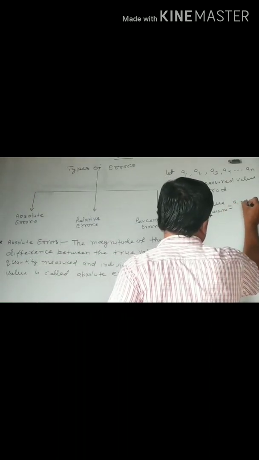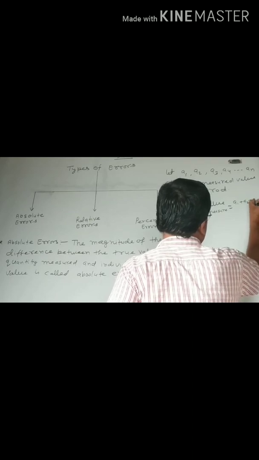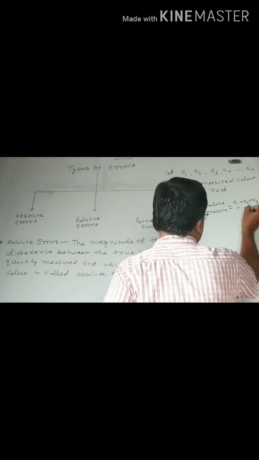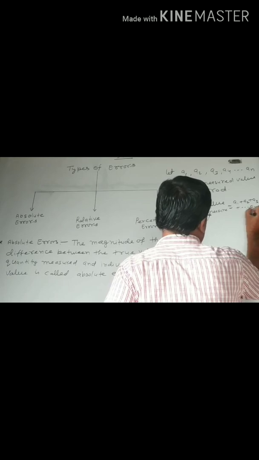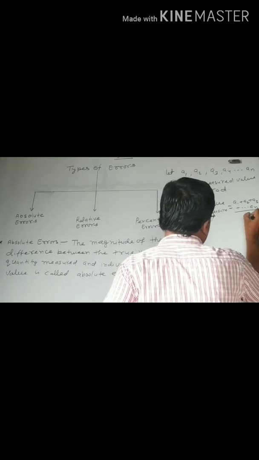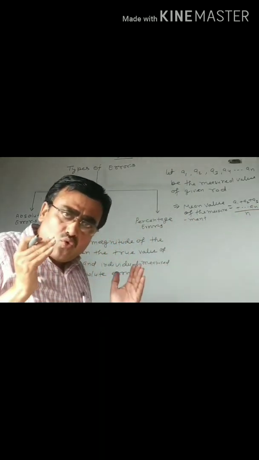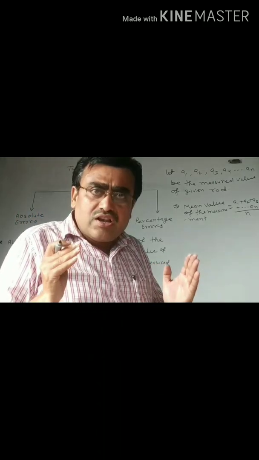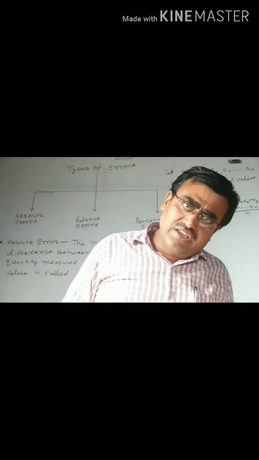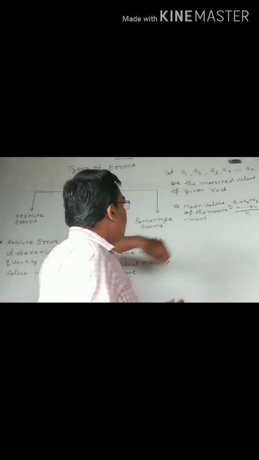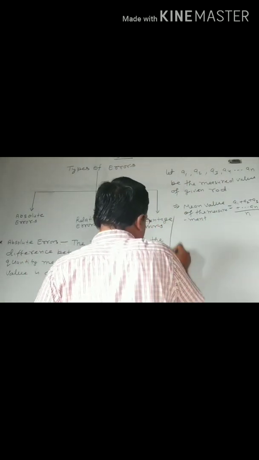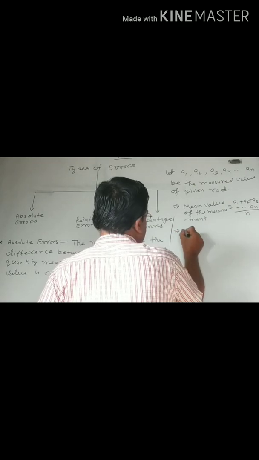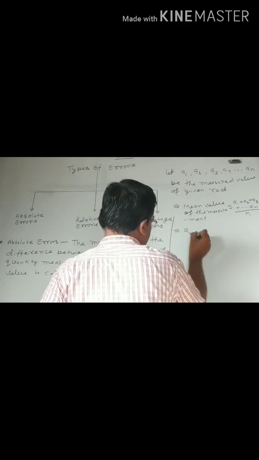A1 plus A2 plus A3 dash dash An upon N. That means total sum upon total number. It is represented as A mean.